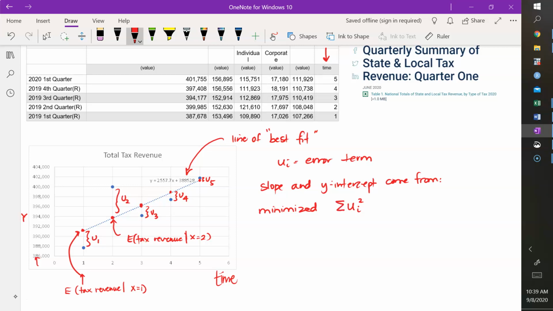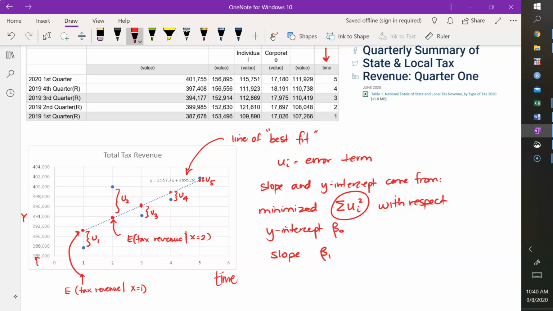By minimizing that function with respect to choosing a y-intercept, which we're going to call beta 0, and choosing a slope, which is beta 1, we adjust the y-intercept and the slope so that this is as small as possible. That is where that line is coming from.